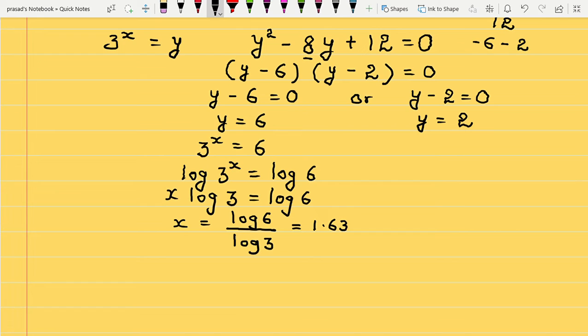So now come to the second root, y is equal to 2. So that gives 3 to power x is equal to 2. So again take log on both the sides.